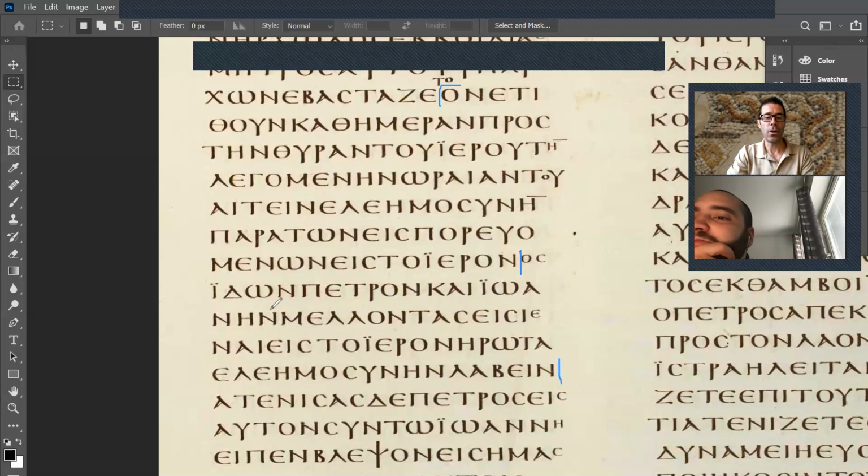Petron kai Ioannen. And melontas, a participle, about to. Eisienai, this is an infinitive, about to enter. Eis to hieron. Since it's neuter and not masculine here, it's to instead of ton. So about to enter the temple.